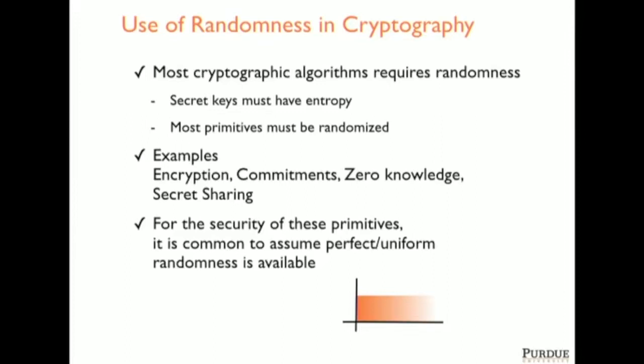Most primitives are also randomized, and that's also required for notions such as semantic security and indistinguishability. So we use randomness quite a lot in all cryptographic solutions, or for that matter in most security systems. Encryption, commitment, zero knowledge proofs, and secret sharing are all scenarios where we require such randomness.